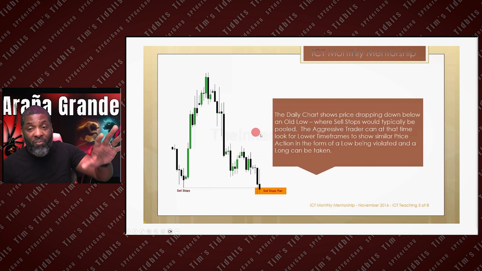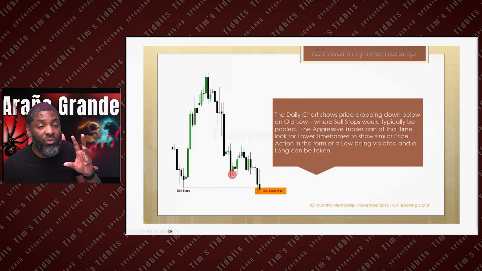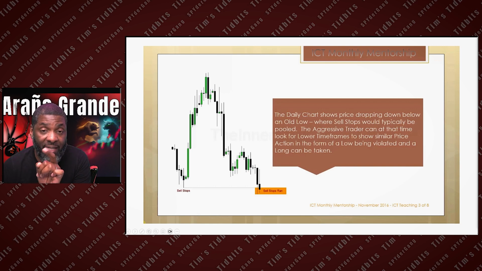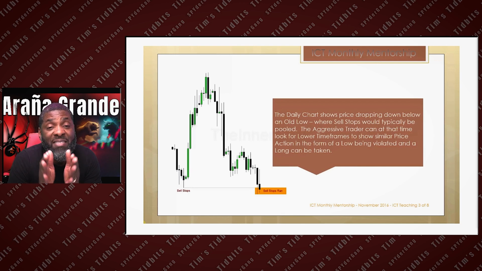Now, this is all talking about institutional sponsorship. These are the clues that you look for to see if institutional sponsorship is present. Forgive me for not saying this in the beginning: institutional sponsorship is, in its simplest form, a willingness to protect an underlying price move.